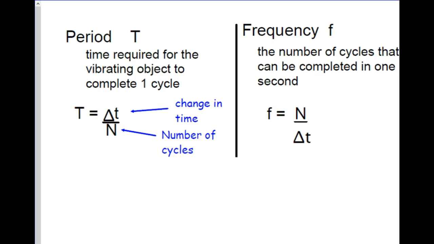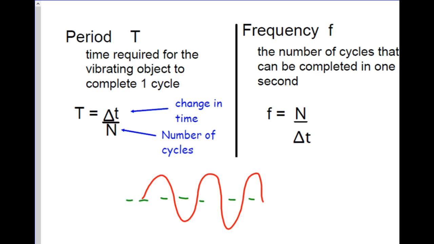What would that be for a wave? So let's say this is the resting position of the ocean. And we have a series of waves coming towards the beach.